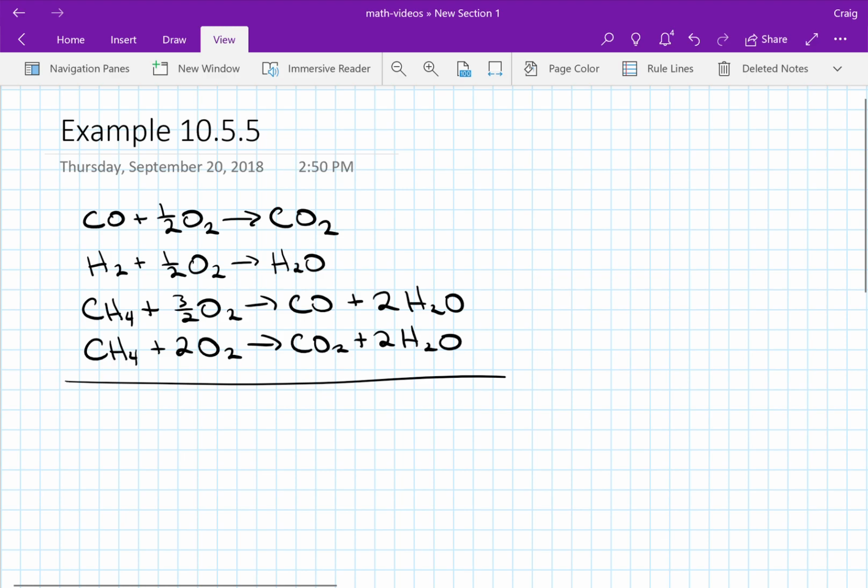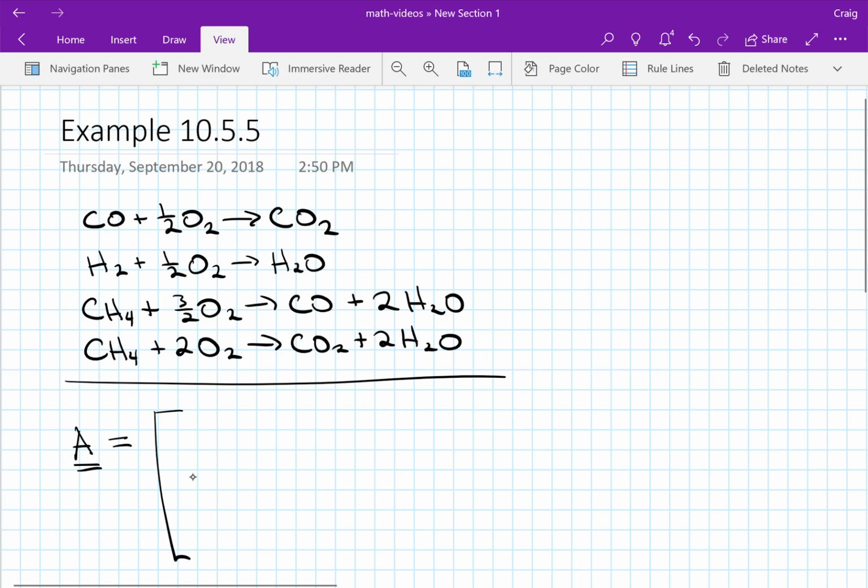So I can think about this mass balance. If I write this in terms of an equation, I can think about it as a matrix A, which represents the coefficients in the mass balance, and each column will correspond to the given molecule.